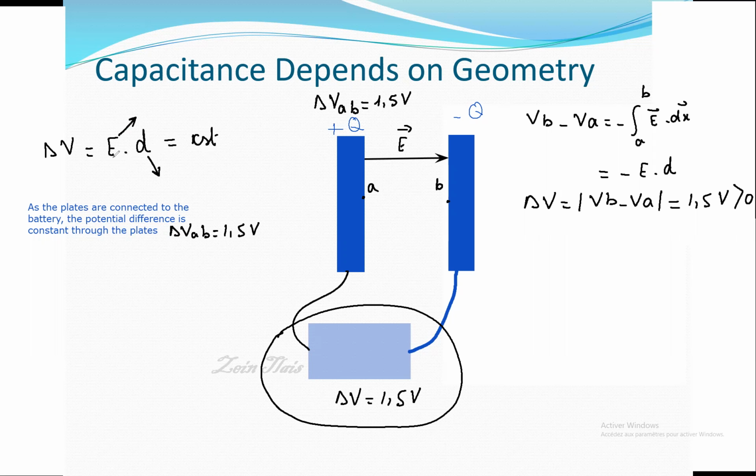How can we increase E? By increasing the charge. So the field increased because of the increasing of charge. In this case, C equals Q divided by delta V. If we increase Q, delta V is constant, so C increases. It's a simple relation.